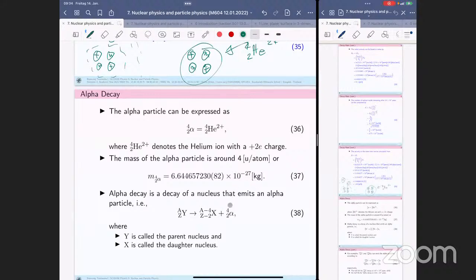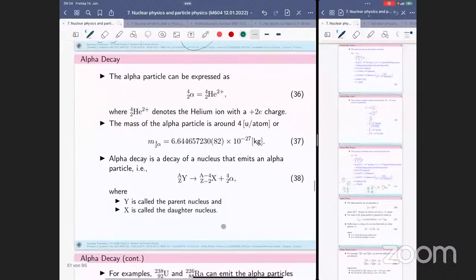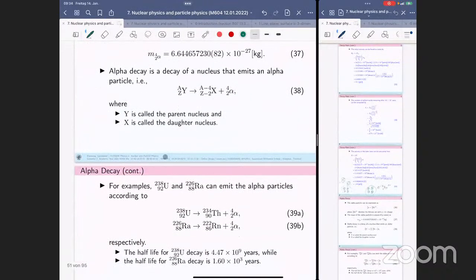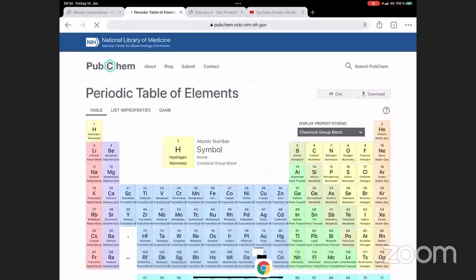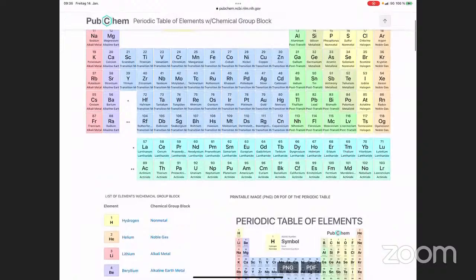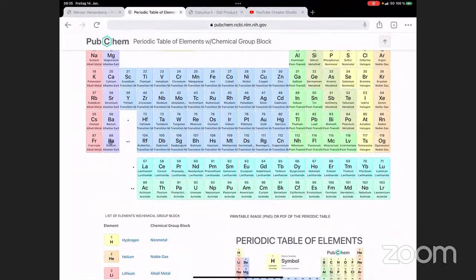Next, we go to the specific processes that could happen in nature. One of the famous alpha decays is given by two elements, uranium and radium. Let's go to the table to see where uranium and radium are.